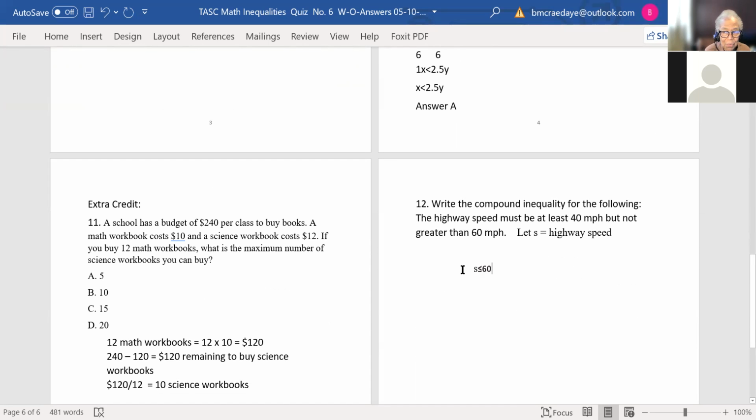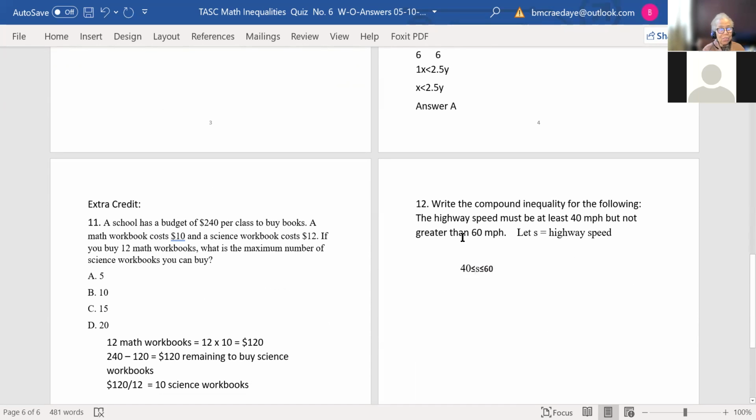Now, what would we have on the left hand side? At least 40. So what would 40 be? We put 40, and then we put less than or equal.